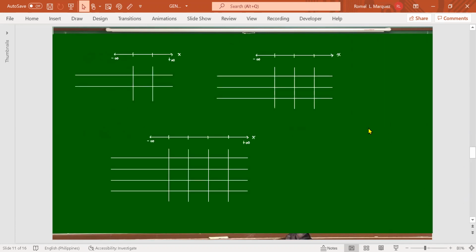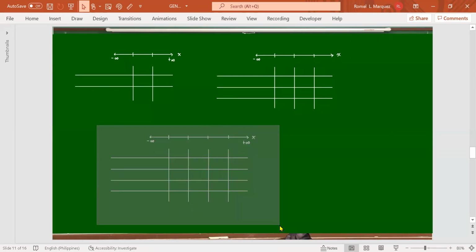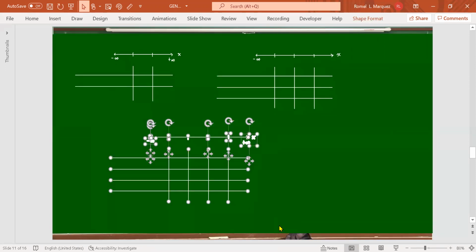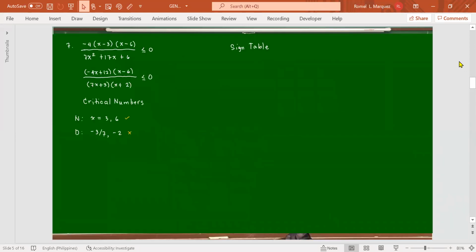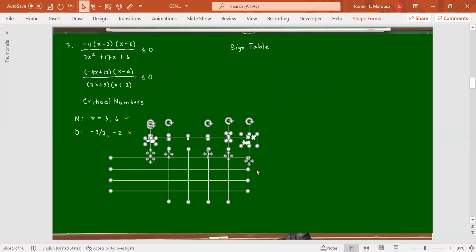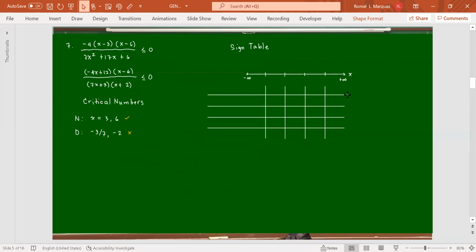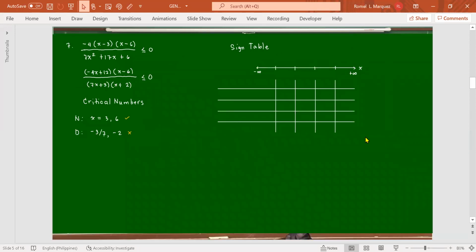Where are you? There it goes. I anticipated how many intervals we are going to have at maximum. Where are you? Okay. Going back. So here, let's move. Oh, there.